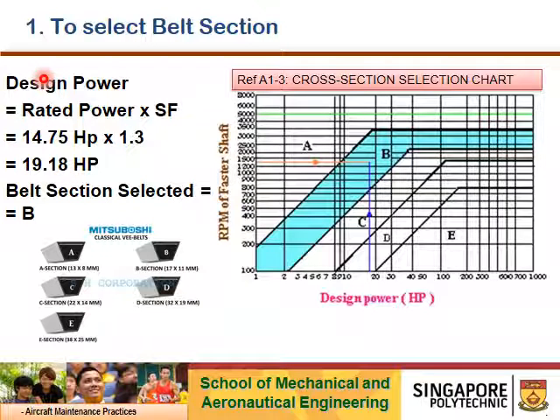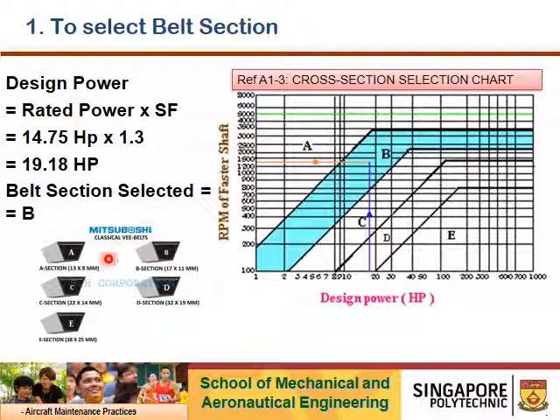If you use the appendix, turn to page A1-3, cross-section selection chart for belt cross section. Which type of belt section should I use: A, B, C, D, or E? It will be determined by your design power and the RPM of the fastest shaft.